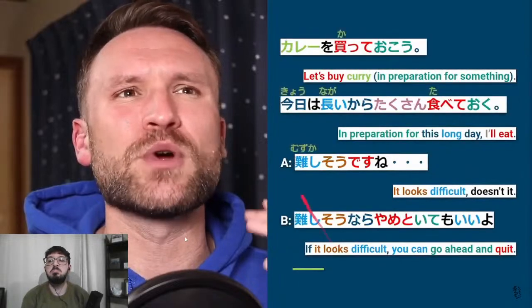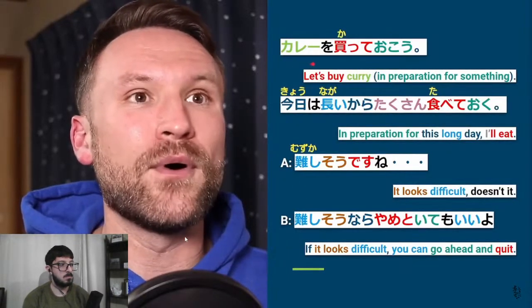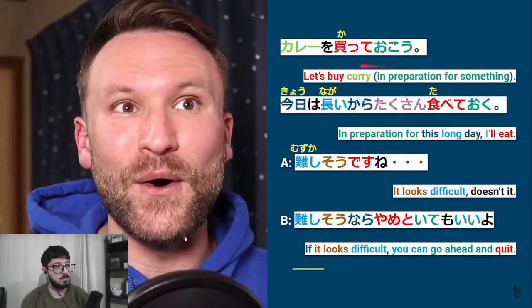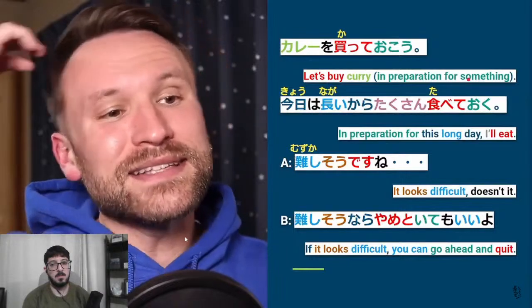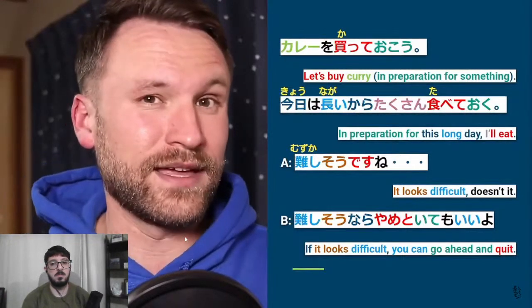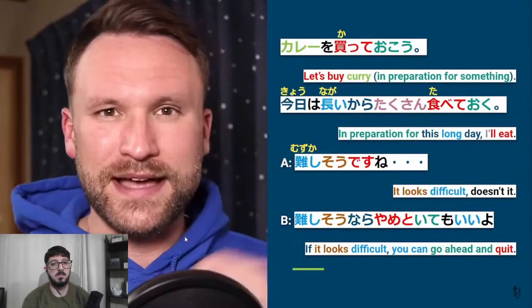So let's do some more complete sentences so you can get a better idea for how this works. カレーを買っておこう. Let's buy curry in preparation for something. This in preparation for something can actually be pretty vague. There doesn't have to be a decided event in time.